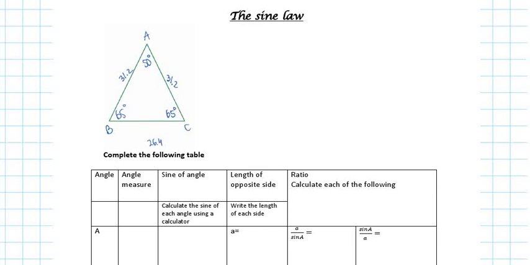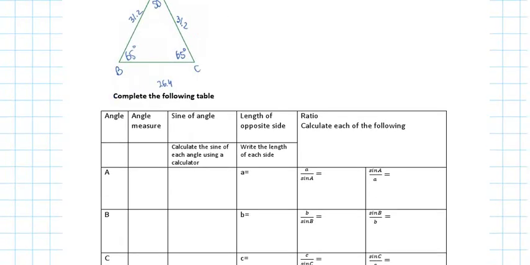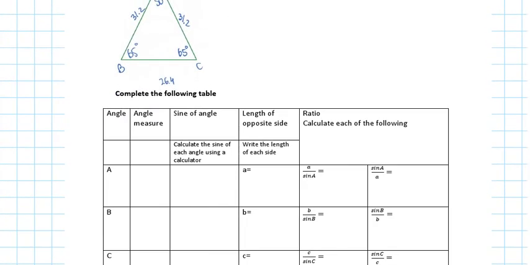So let's look at this triangle. I have triangle ABC, and I have given you all the angles and all the sides. So let's fill out this table. Measure of angle A: 50 degrees. Now it's asking you to calculate the sine of each angle using a calculator.